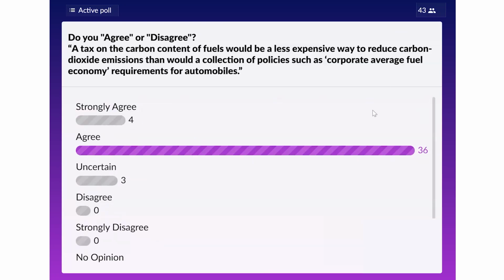All right, so here we see that the majority of you would say you agree, but there's also uncertainty and strongly disagree. It's okay to disagree here, this is a poll, so you can express your opinions.